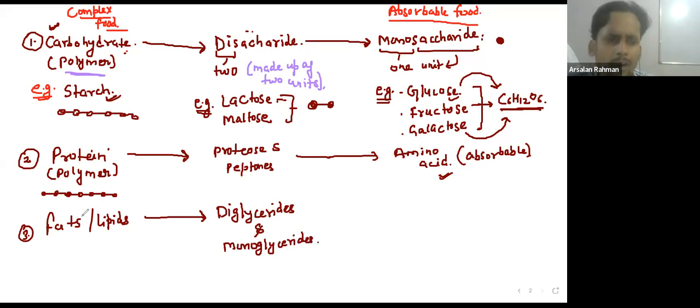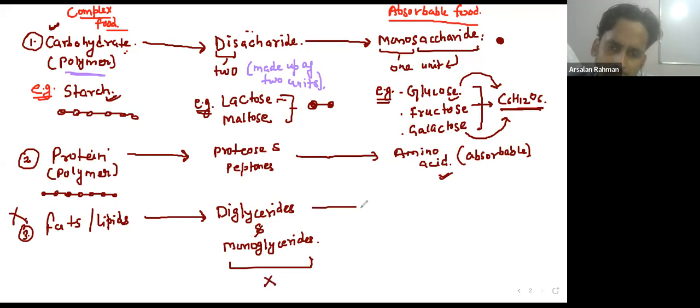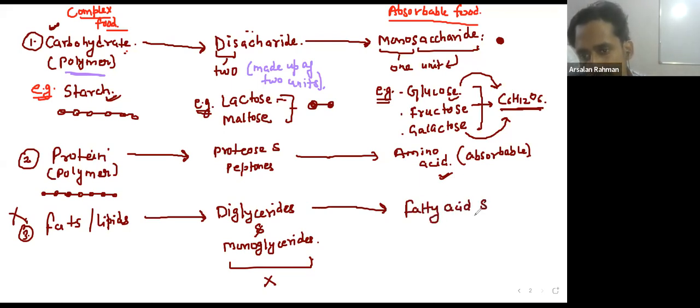For fats you don't need to remember these names, these are not so important. You just have to remember the absorbable unit. Then diglycerides and monoglycerides will convert into fatty acids and glycerol.